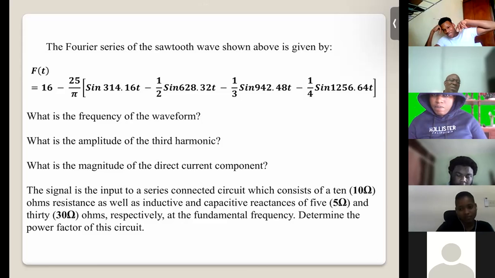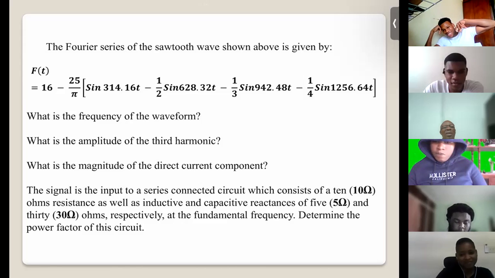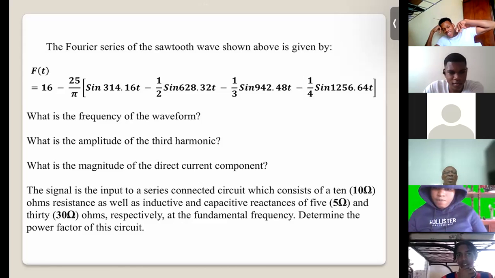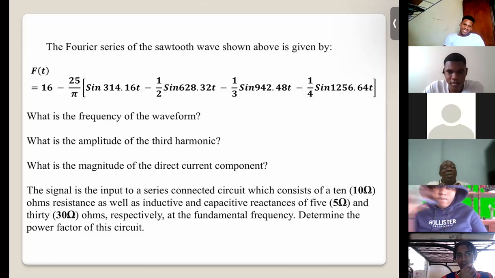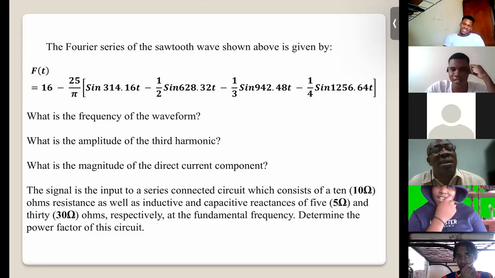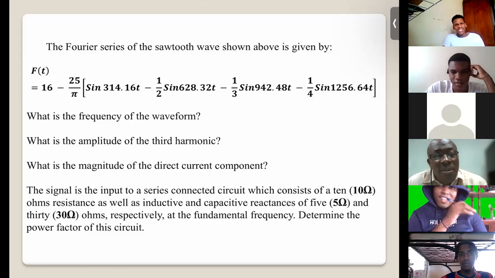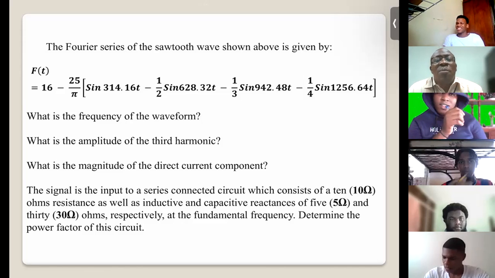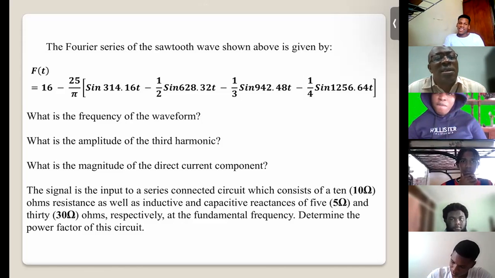Mr. Bernard, man. Look how the class is going good. Yeah, Mr. Walker. Give me the answer. Would it be 16? It's absolutely 16, because that is the only component that does not have a sinusoid. We said that at the beginning. Sir, but I think that for the inside of the bracket you talk about.